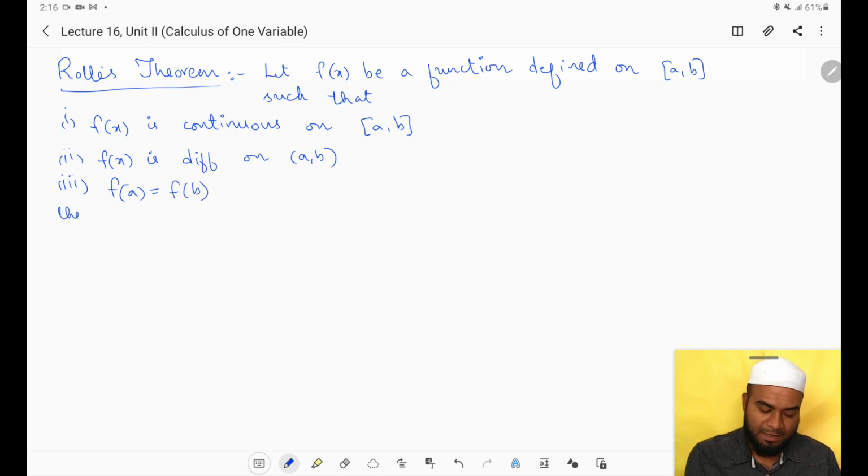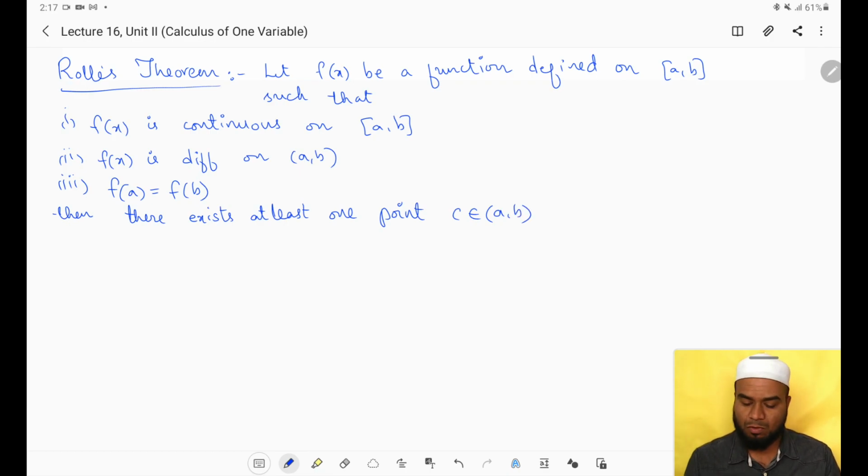Then Rolle's theorem guarantees that there exists at least one point c in the open interval a comma b such that f dash of c, that is the derivative of f at the point c, is 0. So this is Rolle's theorem.